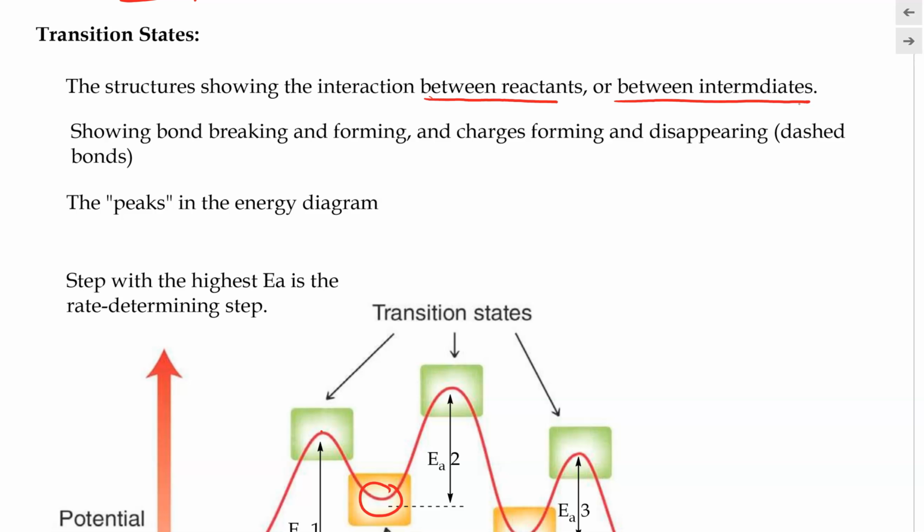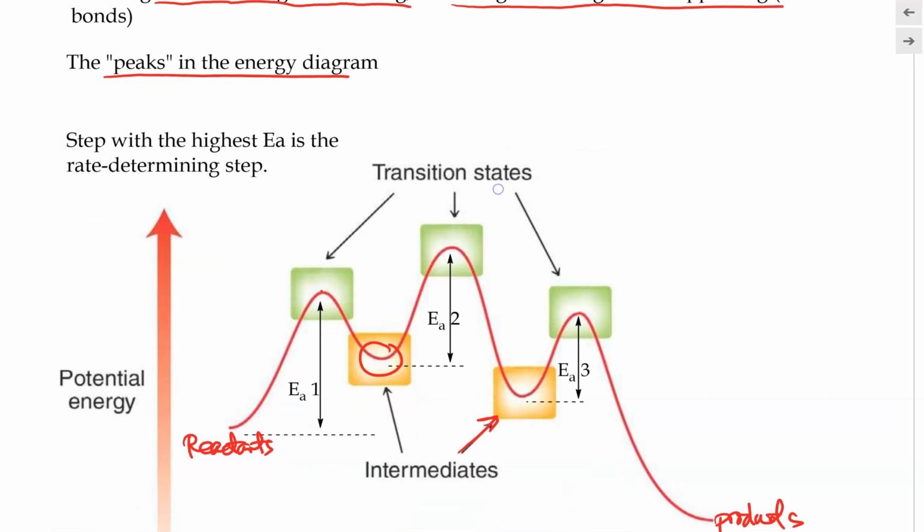In the transition state, they show the bond breaking and bond forming, and also charges that are forming and disappearing, as the reactants or intermediates interact with each other. These are the peaks in the energy diagram. In this case, we have 1 peak, 2 peaks, 3 peaks, and each of these peaks corresponds to a transition state.